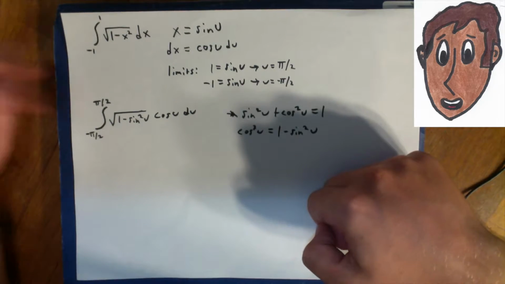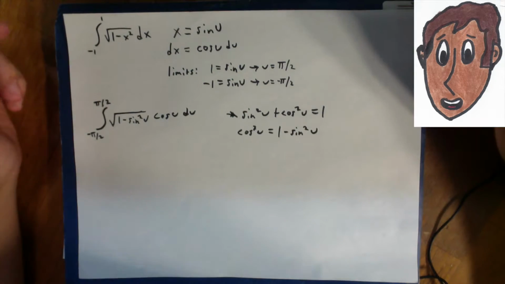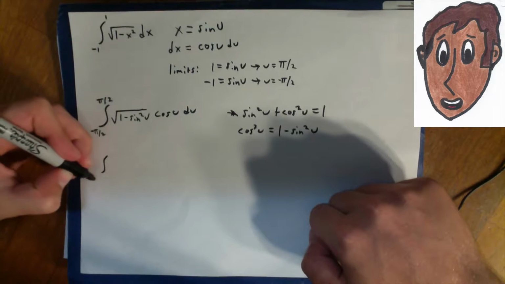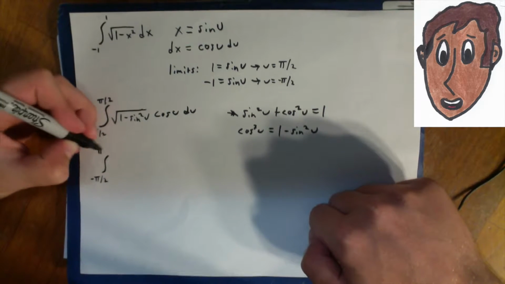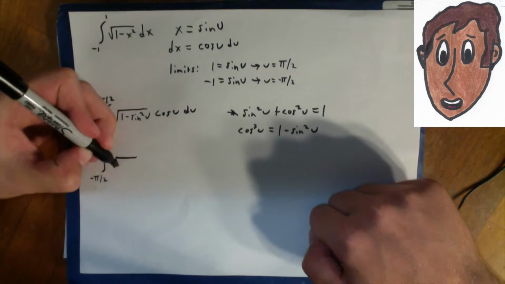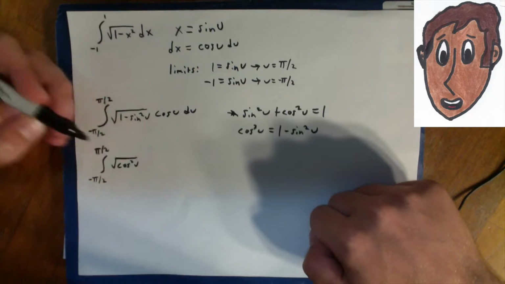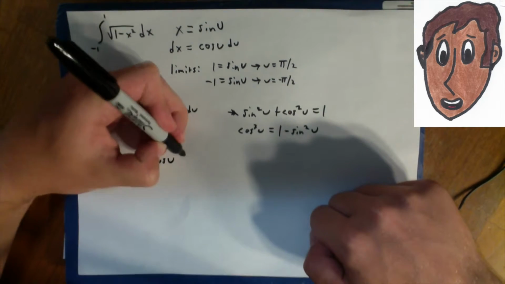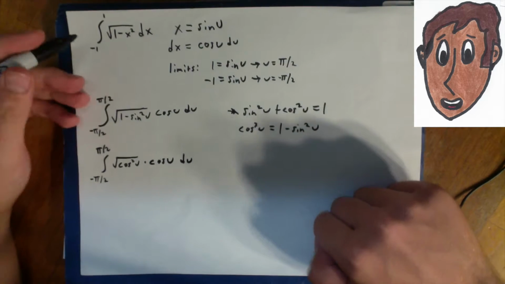And would you look at that? We have that term in our integral. So let's plug it in. We have the integral from -pi/2 to pi/2 of the square root of cosine squared u times cosine of u du.